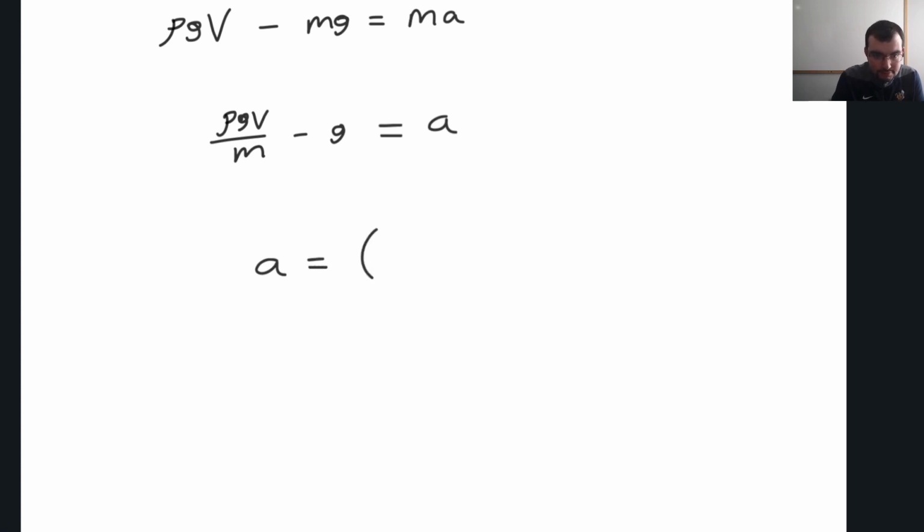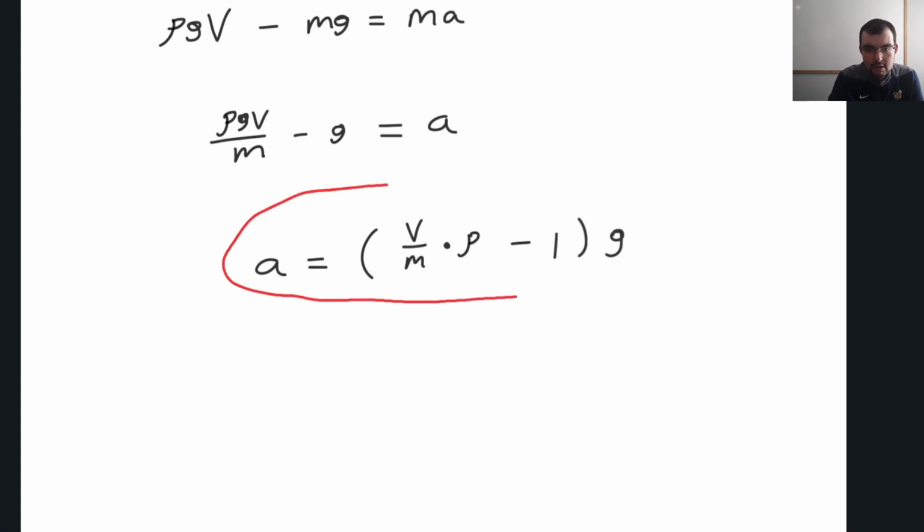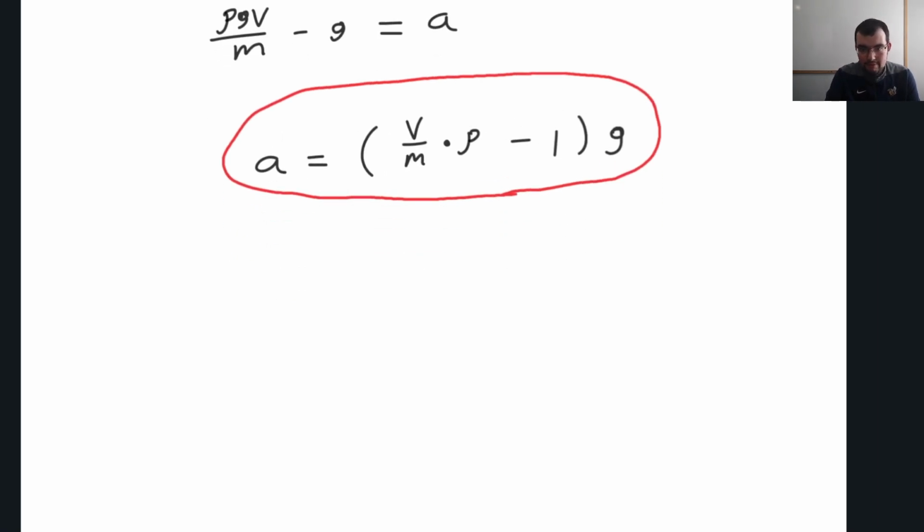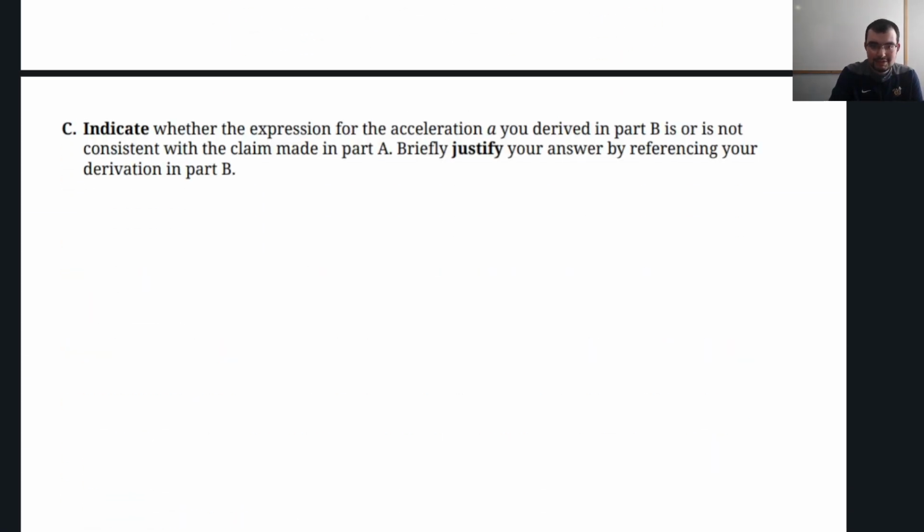So I'd get, just to see the dependency here, V over m times rho minus 1, all times g. And I factored out the rho like that in the first term, so I could see that with an increase in density, you're increasing the positive term in the net force equation, so an increased density should cause the acceleration to go up, which is exactly what part C will ask us.